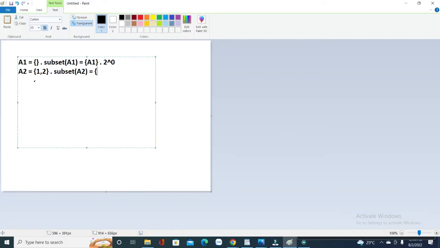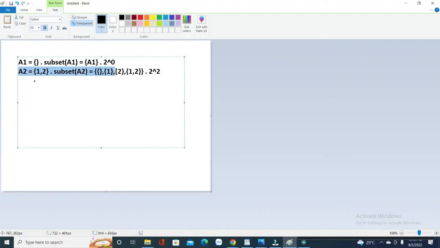The subset could be 1, the subset could be 2, the subset could be A2 itself, which is 1 and 2, and we also have the null set as a subset. So that was a total of 4 subsets. So that was 2 to the power of 2, right? We have 4 subsets inside the set A2.